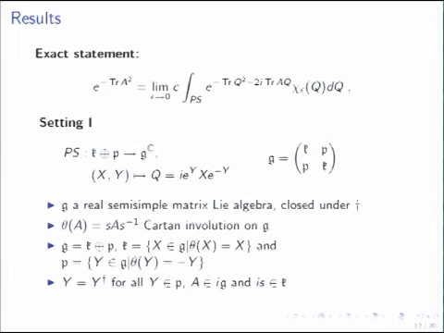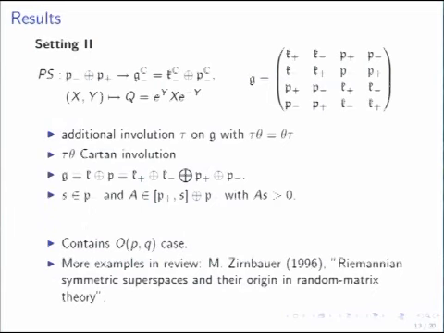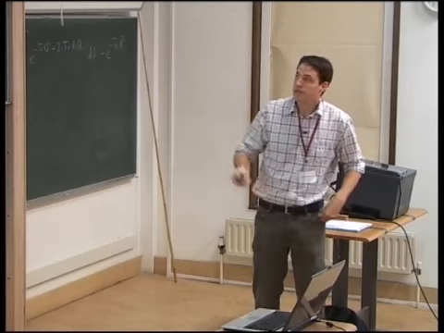And the second setting is a bit more complicated, but this contains the pseudo-orthogonal case, so there you have to consider a 4 by 4 block structure to put this into the framework of Lie algebras.